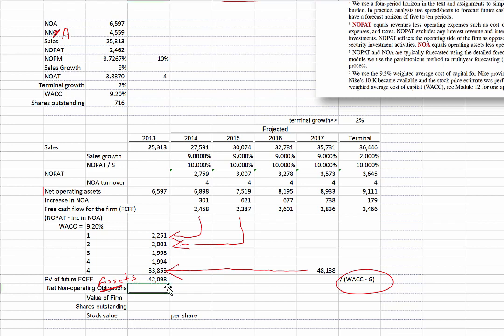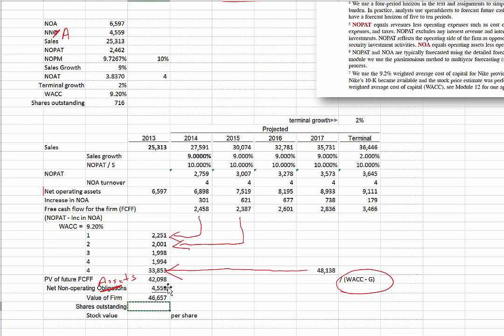So let me go get those. And they are right there. And the value of the firm consists of the net non-operating assets that they currently have and the present value of all future cash flows. The value of the firm is 46,657.